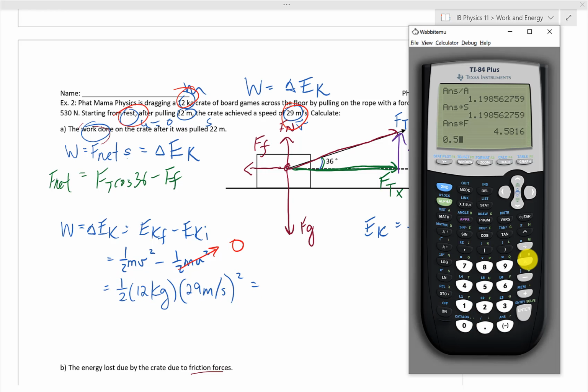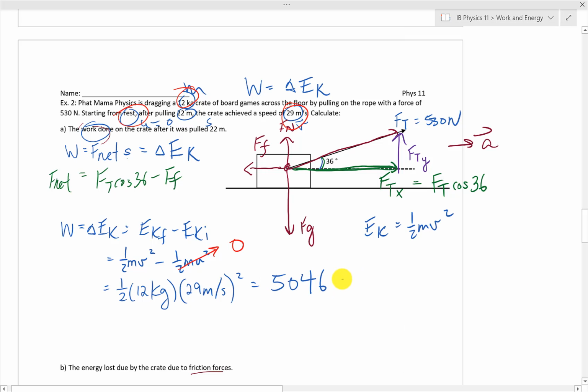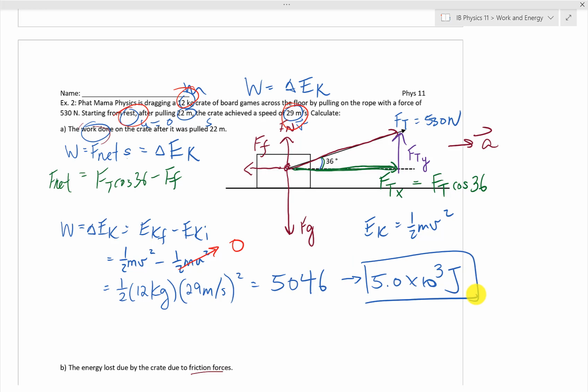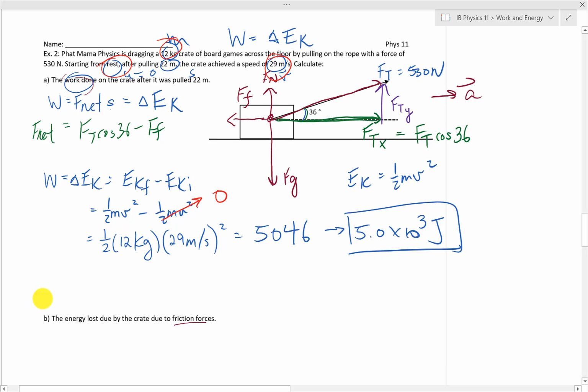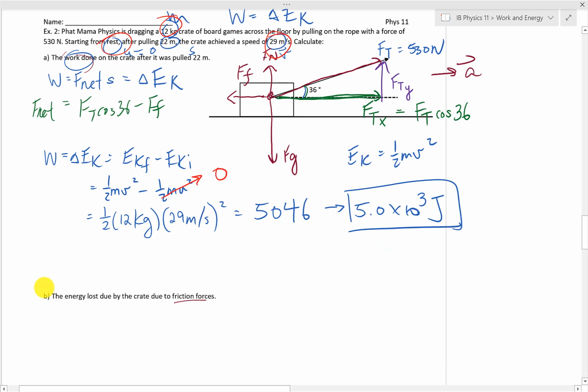And then putting all that into our calculator, we get 5046, which rounds to 5.0 times 10 to the power of 3 joules, or 5 kilojoules. Hey, wasn't that cool? We didn't even need to know what the friction force was to calculate the work done. We just need to find the change in kinetic energy. Hey, that was easy.